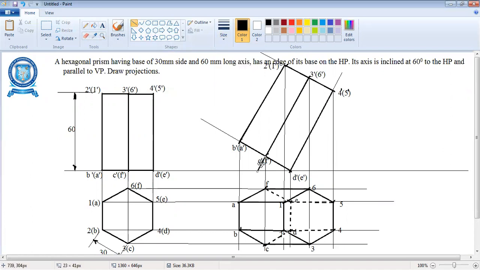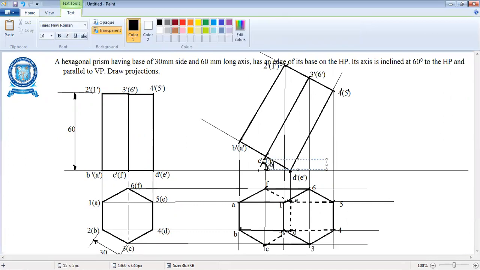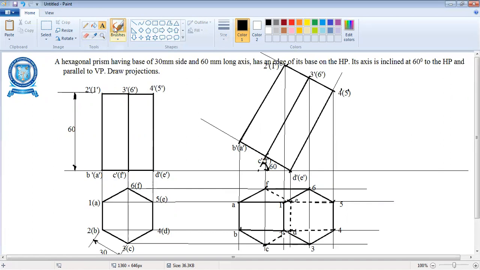Mark the inclination of the axis only. That's it. Thank you, students.